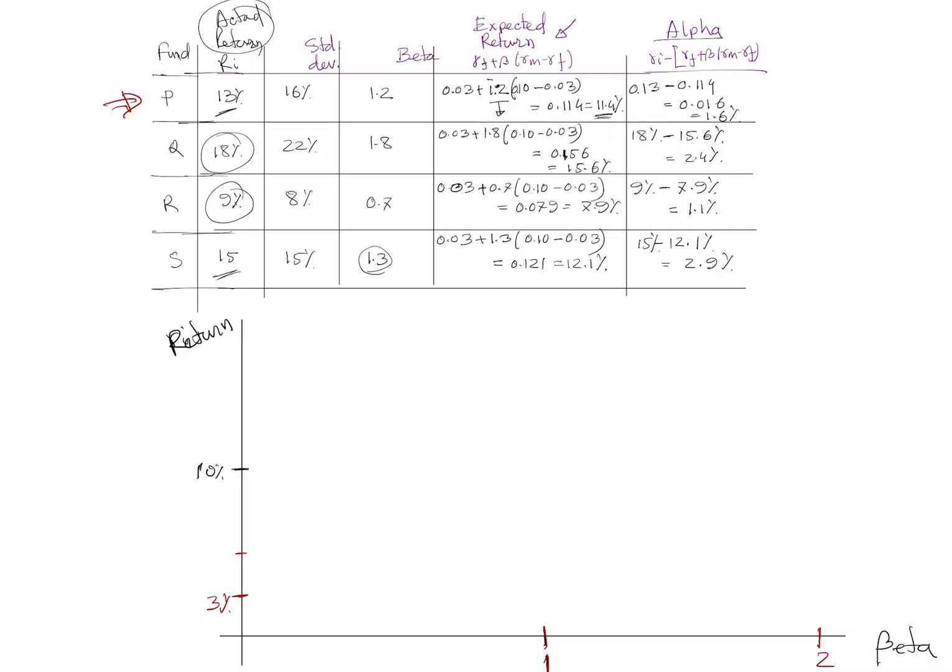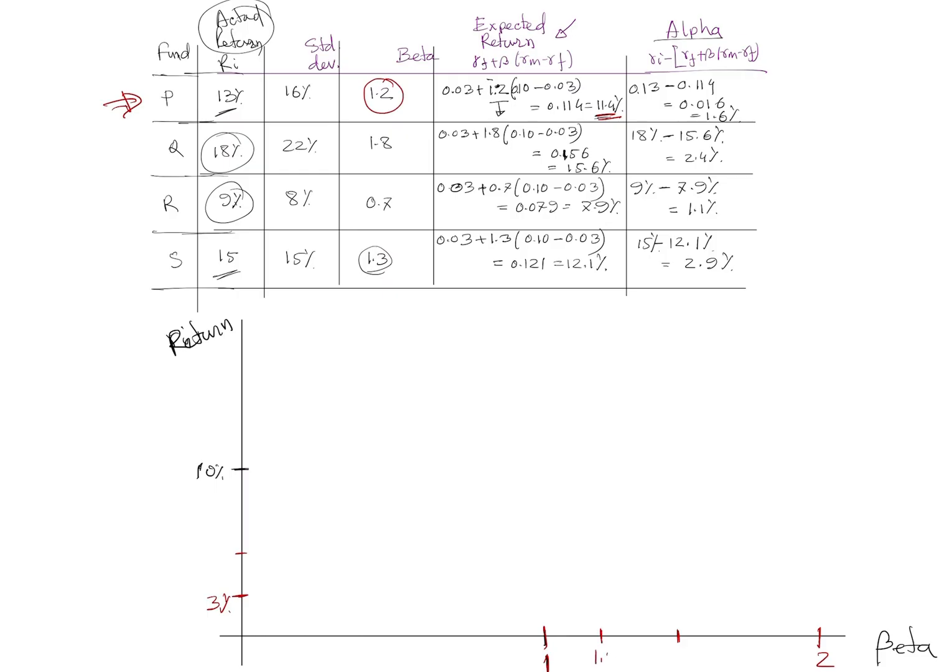So 3%, and if we are looking into the P, our expected return is 11.4, whereas the beta is 1.2. But if you want to get this, let's say we've got 1.2 somewhere in here. So this is 1.5, so this is 1.2.